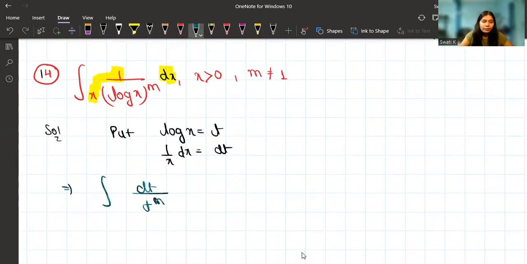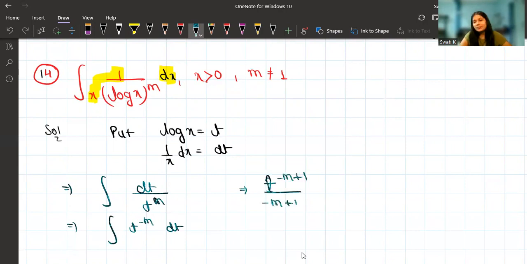Okay, now I'm going to write down here t raised to minus m using the property of exponent. Now using the formula of integration, it will simply become t raised to n plus 1, that means minus m plus 1, and then upon n plus 1, that is minus m plus 1, plus c. Now let's put the value of t, which is log x.